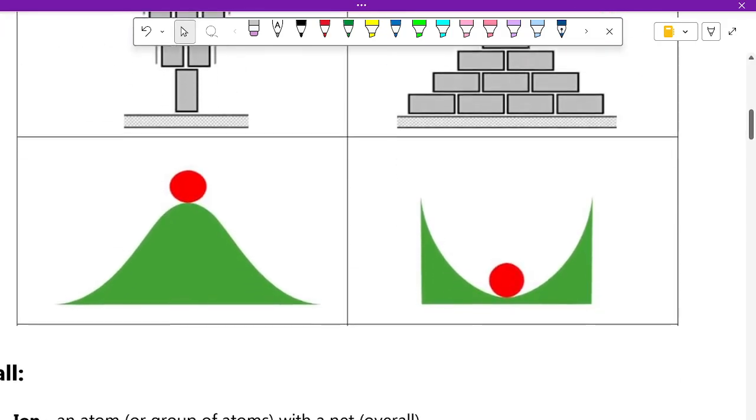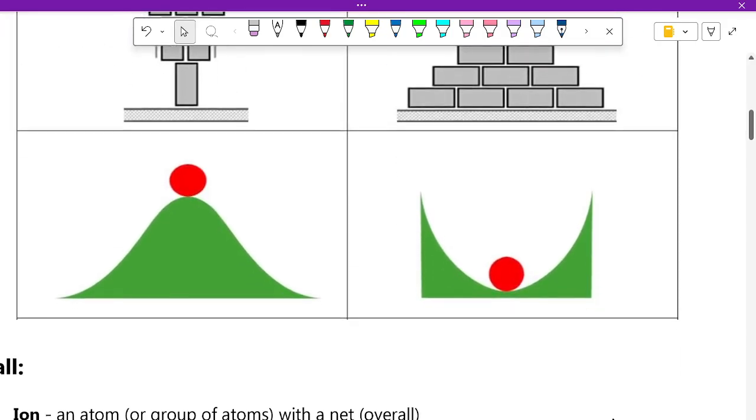How about that ball on the hill? That one is stable. It's not going anywhere. This one probably is going to roll down. If you get the slightest tap, it's going to roll down the hill. In order to get this one to go up the hill, you would have to push it. It would not go there naturally, just by itself.